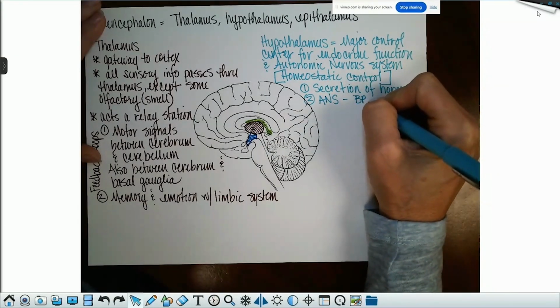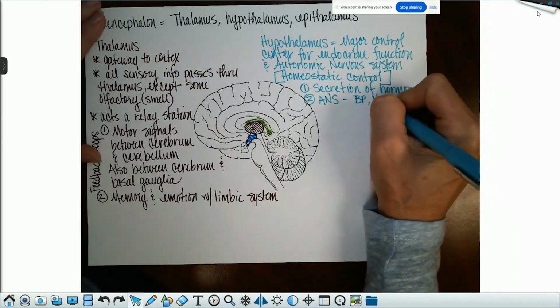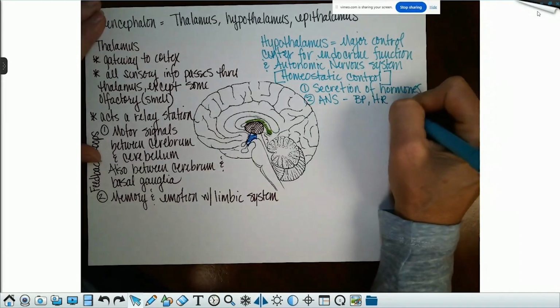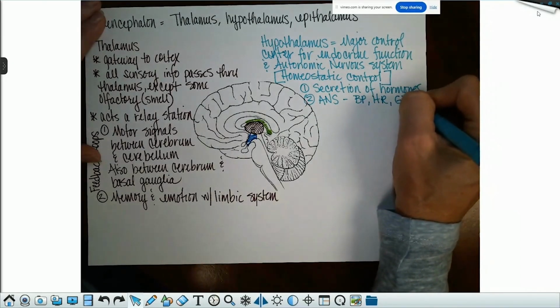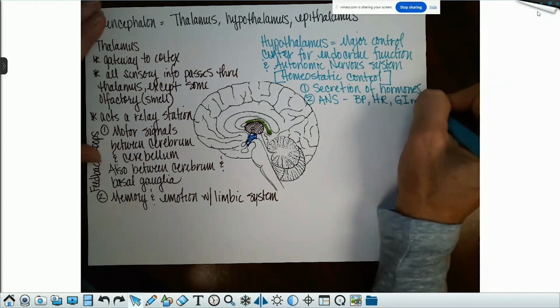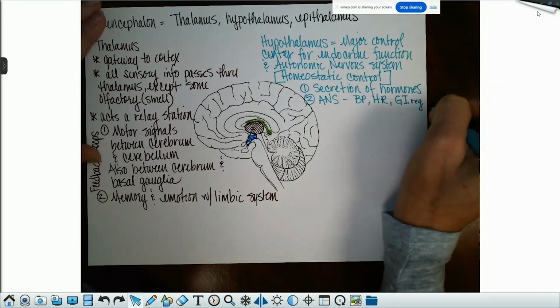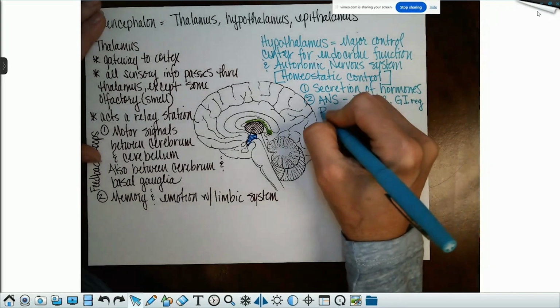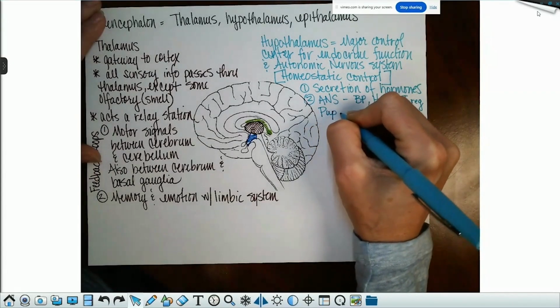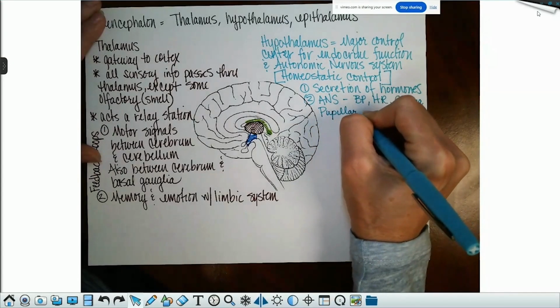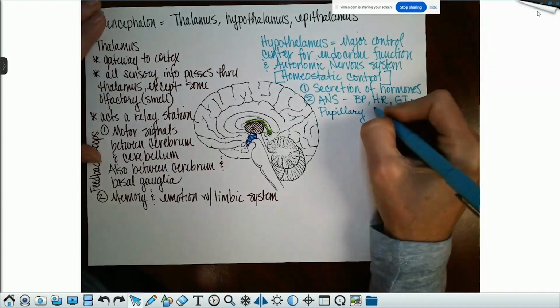And if you need to write these out, you can go back and slow this down. Heart rate, GI regulation, so that's your gastrointestinal tract. Pupillary diameter, so how big do your pupils get?